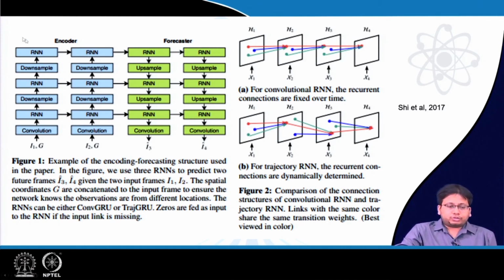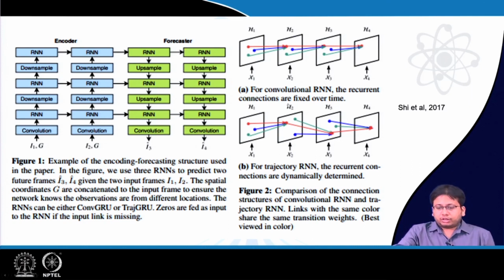This way the whole encoding process goes on. The entire input sequence is encoded, just as already discussed, and then there is the forecaster which does the forecasting. Now these RNNs can be LSTMs or GRUs and so on.